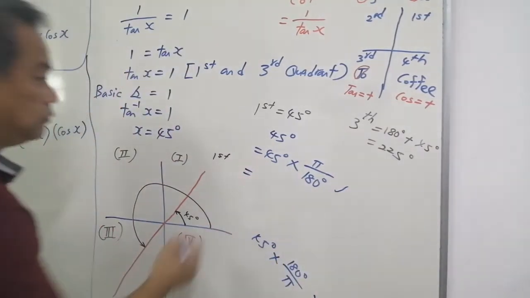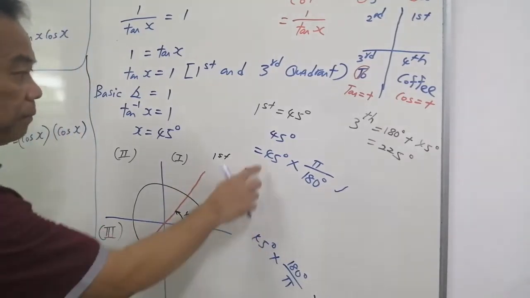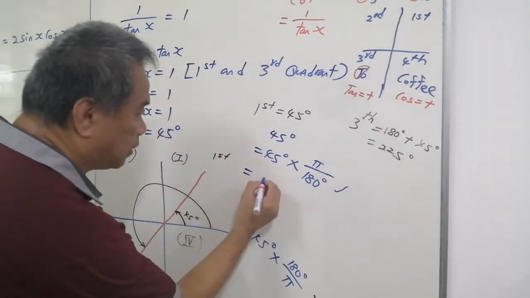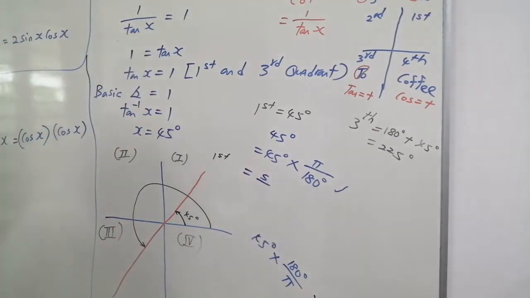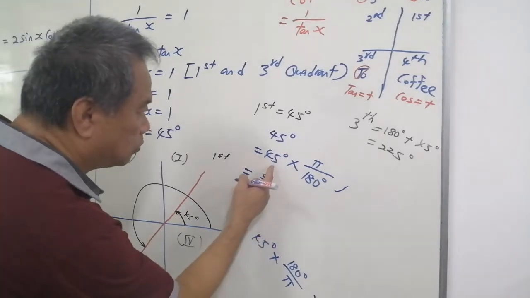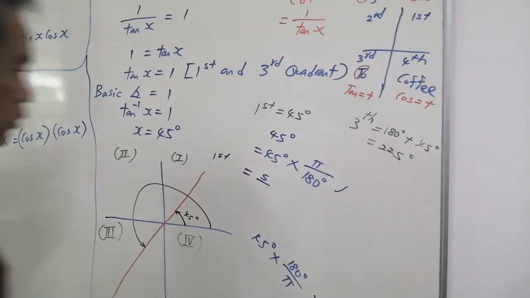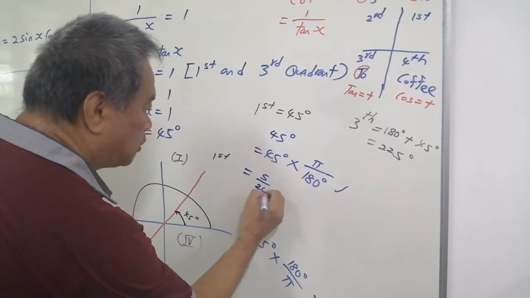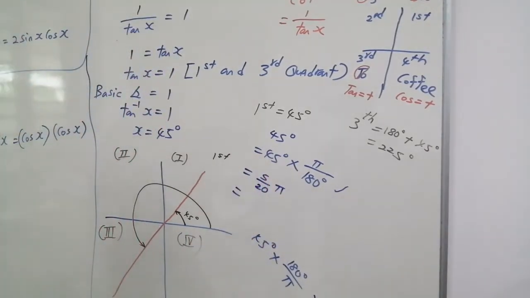So simplify it. You divide by 9. Divide by 9, you get 5 here. Divide by 9 again, you obtain 20 pi. Then you can simplify by 5.